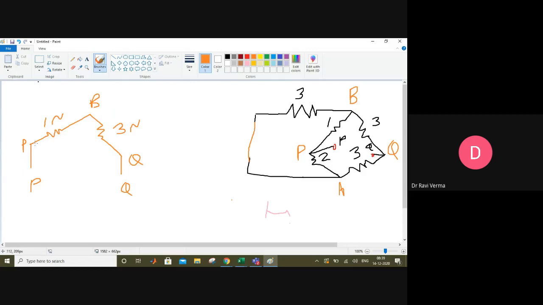Then P to A is 2 ohm. A to Q is 3 ohm. And A to B is 3 ohm. Any doubt up to here?